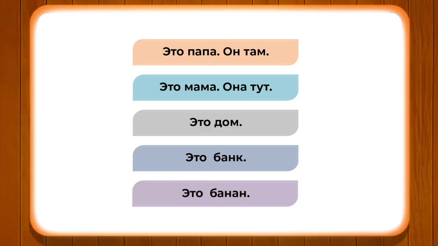So, eta papa: this is papa. On tam: he is there. Eta mama: this is mother. Ana tut: she is here. Eta dom: this is the house or a house, depending upon the context. And eta bank: this is a bank. Eta banan: and this is a banana.